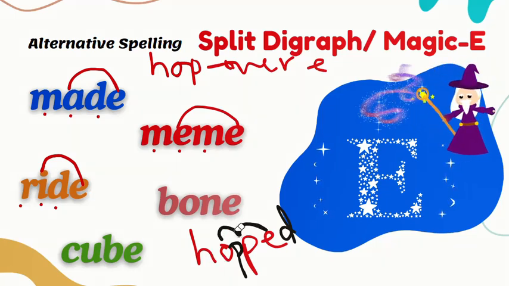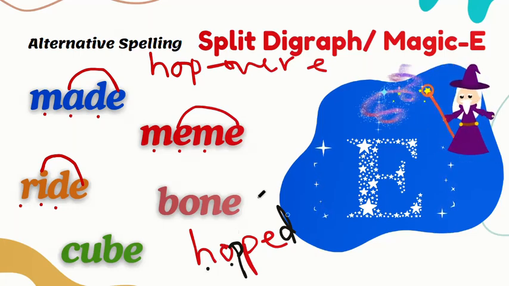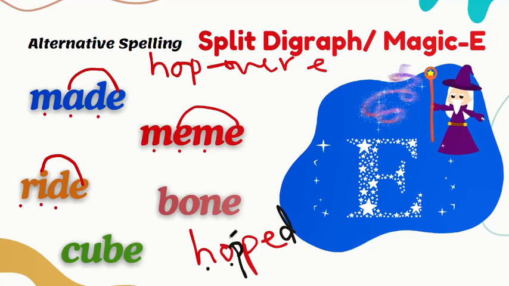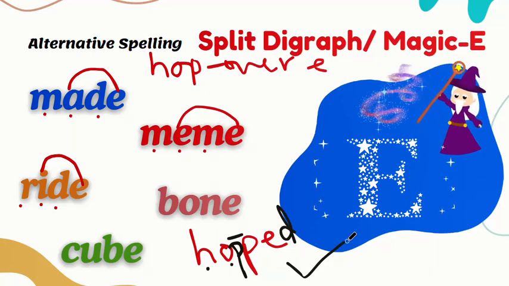That's why the word will be with a short O sound, and it will be hopped. And this is one of the reasons that we double the final consonants while adding any vowel suffix. We will do this rule later. Don't worry, take it easy. It was just to give you some idea that the magic key cannot jump over two consonants.